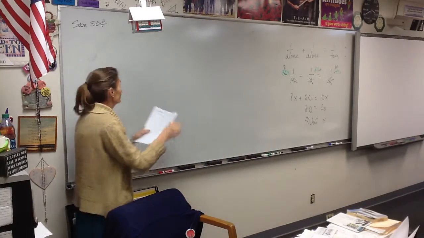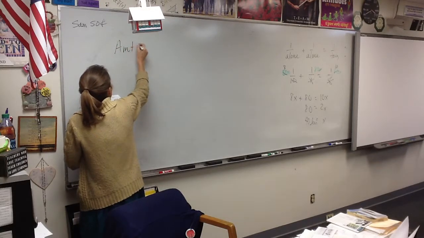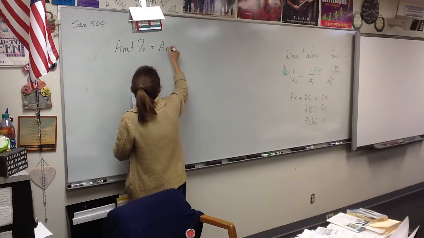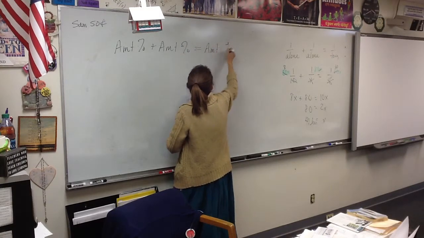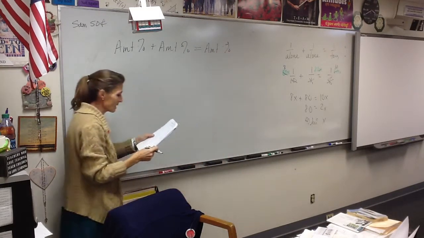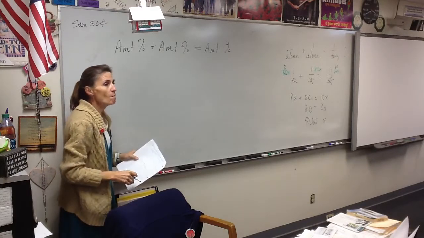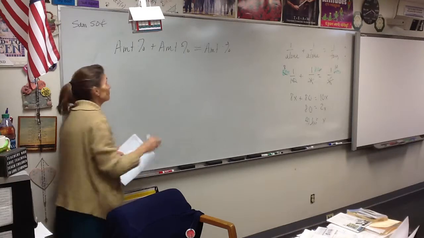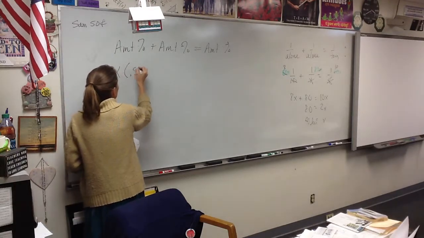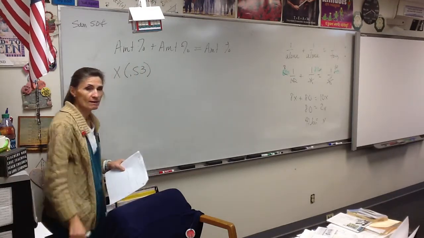All right, one more. Amount times percent, amount times percent, amount times percent. All right, here we go. Let's fill it in. How much 53% solution? Does that look okay to everybody?